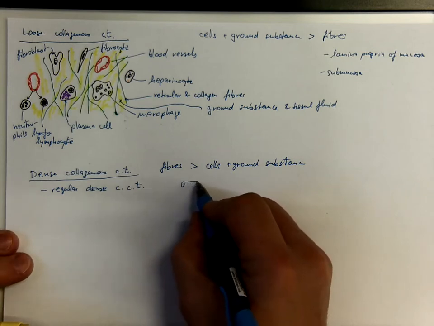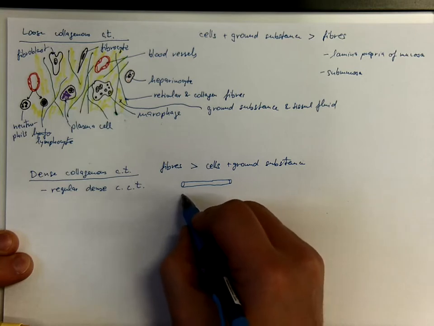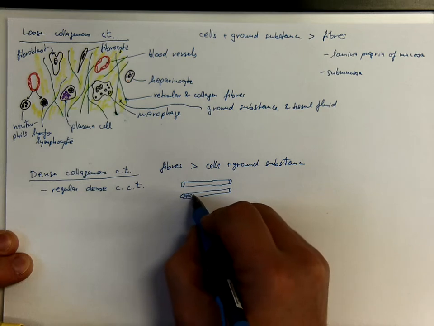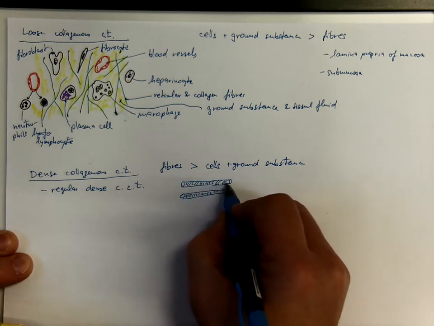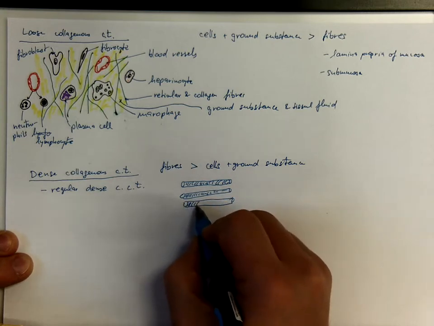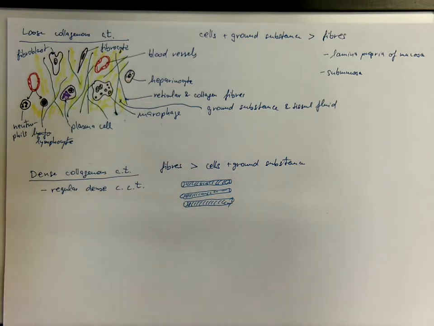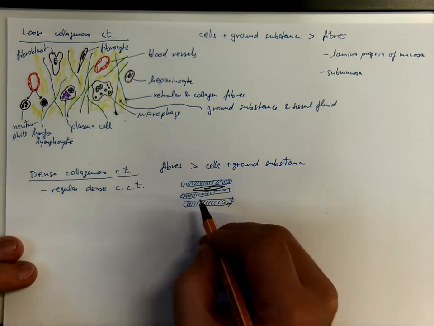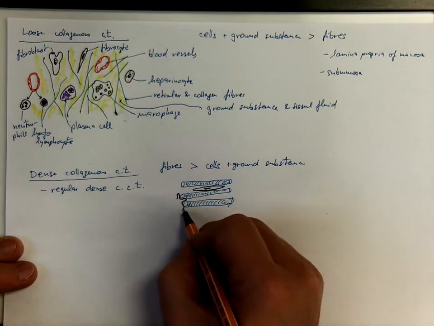We have very thick bundles of type 1 collagen fibers with one preferred orientation, tightly packed very often, leaving only little space for other tissue components, such as fibrocytes, these are the resting forms, or the more metabolically active fibroblasts.